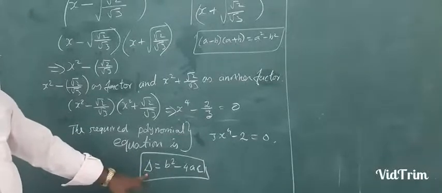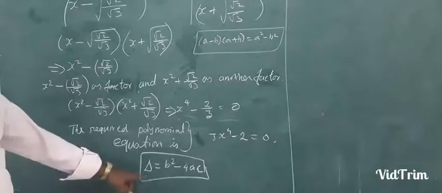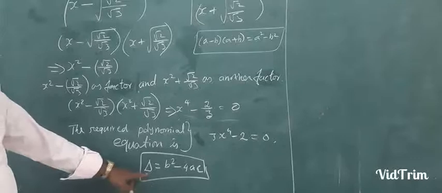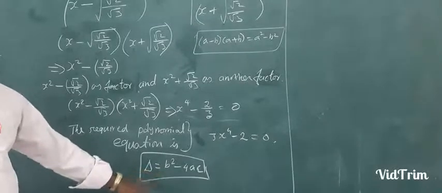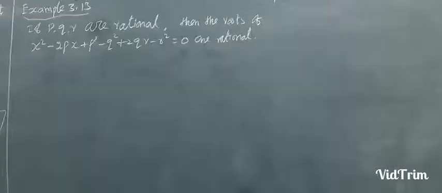If the value is greater than 0, the roots are real and unequal. If it is equal to 0, the roots are real and equal. If it is less than 0, the roots are imaginary. This is the common thing about the coefficients, the polynomial delta concept. Look at the next topic, rational roots, page number 111.